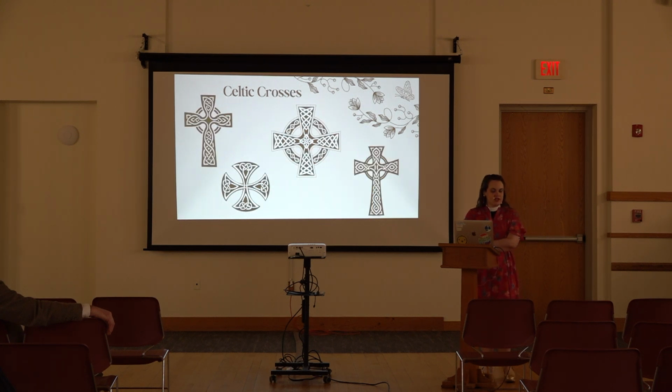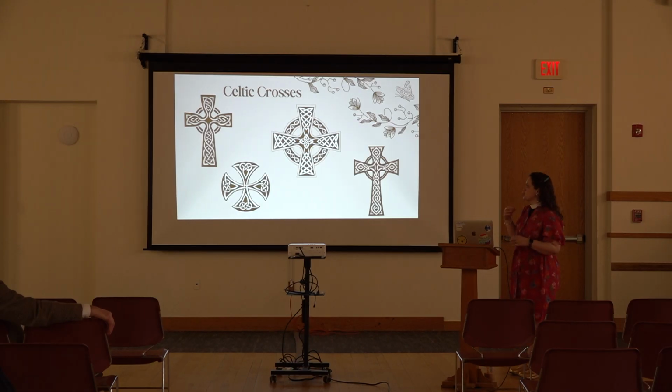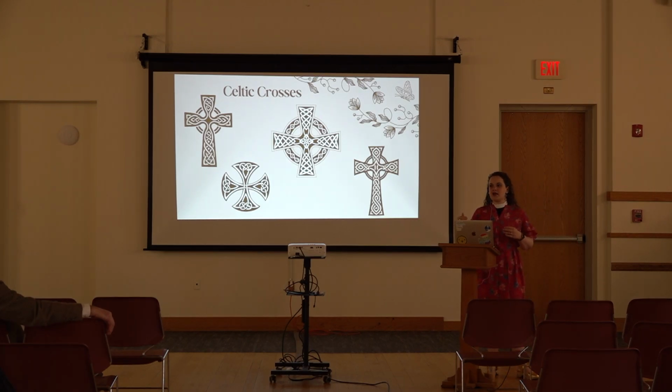There's, of course, Celtic crosses, which when we look closely at many Celtic crosses, they share the tradition of the Celtic knot and use that knot as a way of ornamenting the cross. There's some evidence that there were Celtic crosses before the Celts had interaction with the Christian tradition.